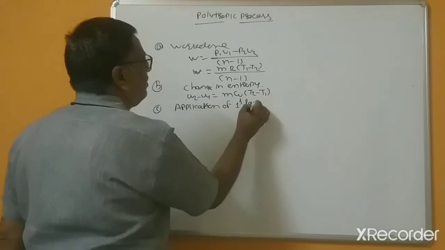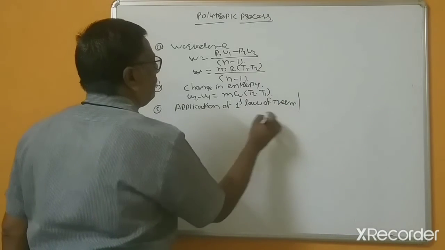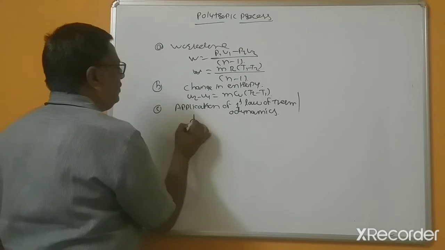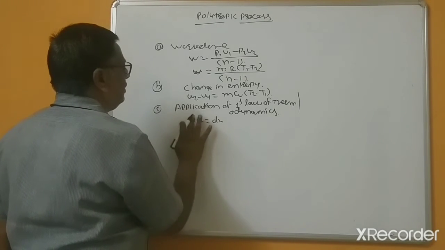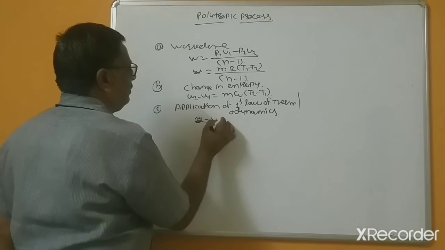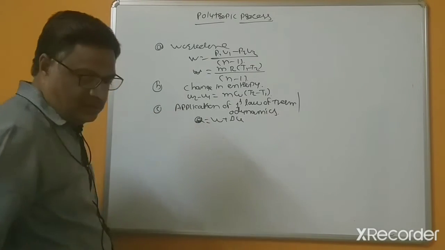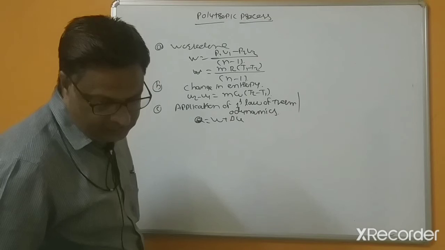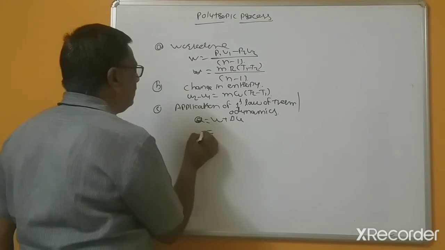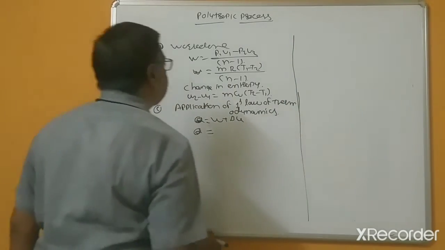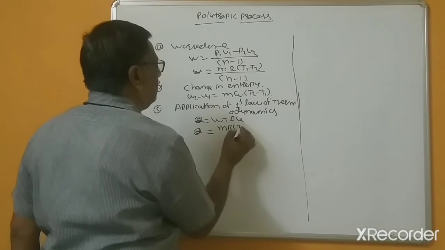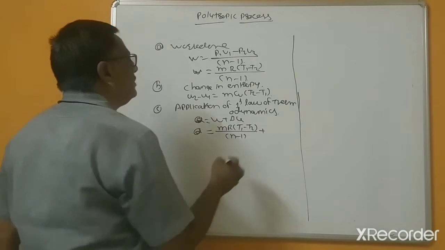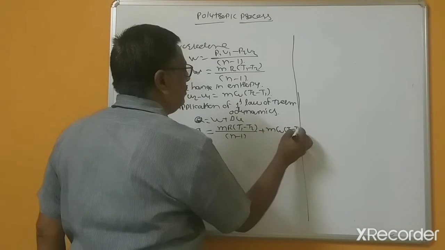Now the application of the first law of thermodynamics: dQ equal to dW plus dU, or Q equal to work done plus delta U. Now put the value of W: Q equal to mR (T1 minus T2) divided by n minus 1 plus mCv (T2 minus T1).